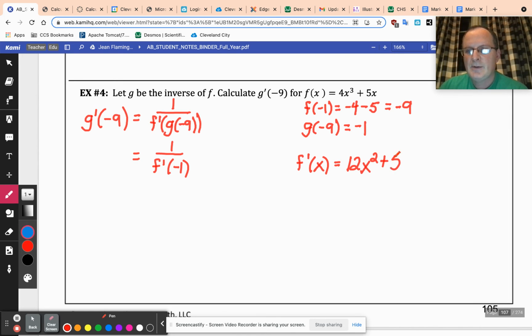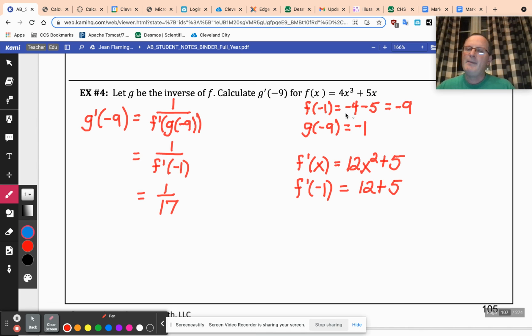And so the value I need in the denominator would be F prime of -1. I'm just substituting -1 in, and that will be 12 plus 5, because -1 squared is 1. And that's going to give me 1 over 17. So the slope then is 1 over 17.